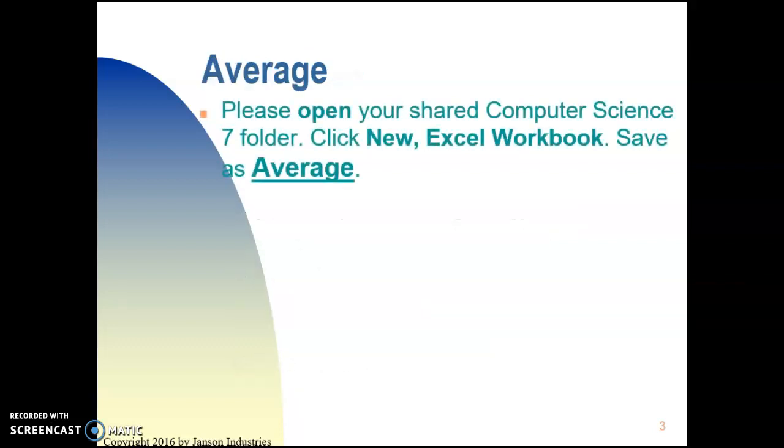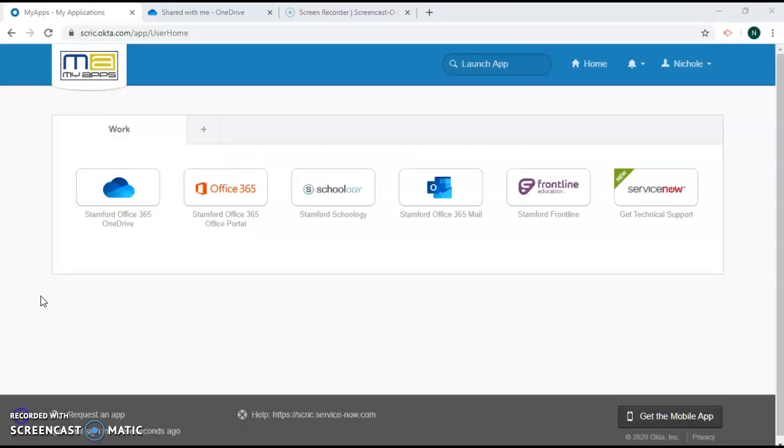So the first step we're going to do is go ahead and open up your shared Computer Science 7 folder. Click New Excel Workbook and save the document as average. To do that, you're going to go to My Apps and go to your OneDrive like you usually do.